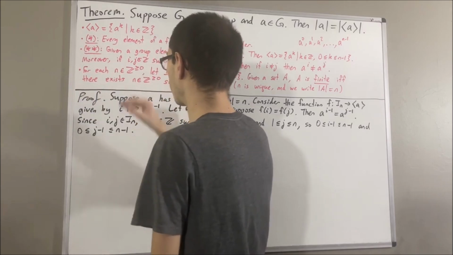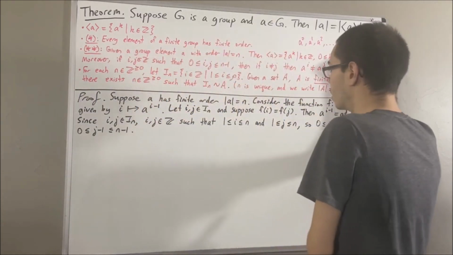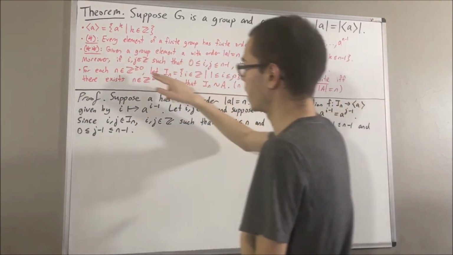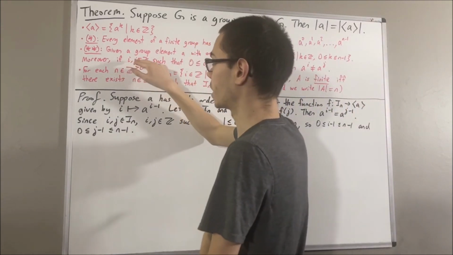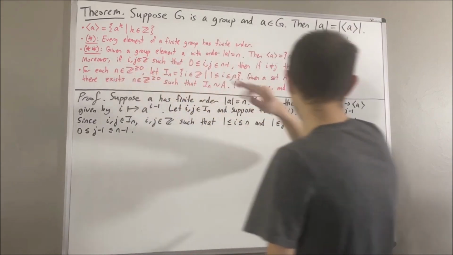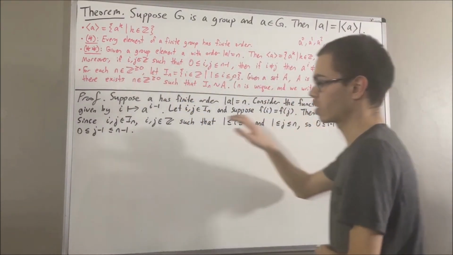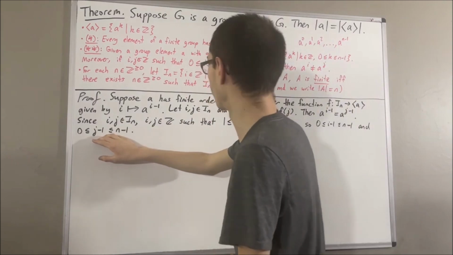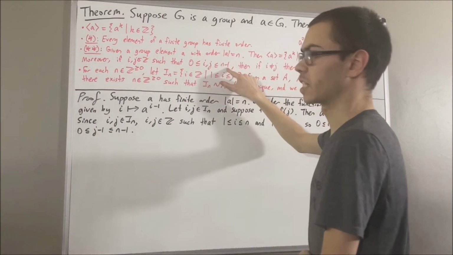But now, let's apply star star. Applying star star, we're going to take i to be i minus 1, and we're going to take j to be j minus 1. Well, we know that i minus 1 and j minus 1 both lie between 0 and n minus 1. So this condition is satisfied.